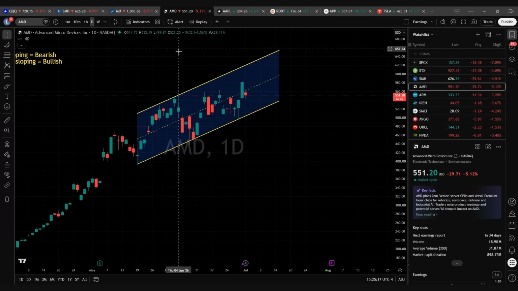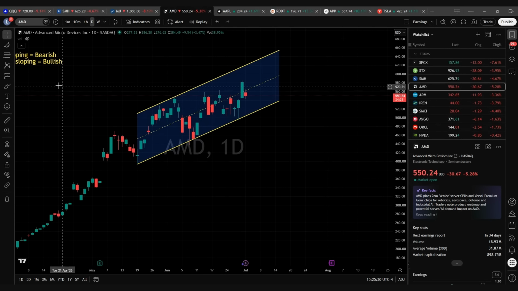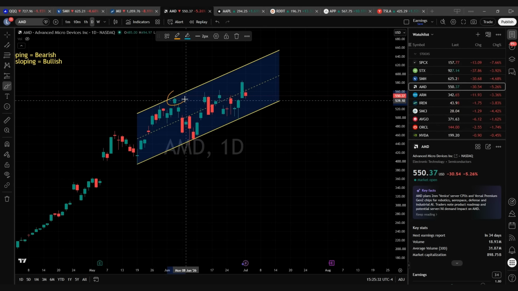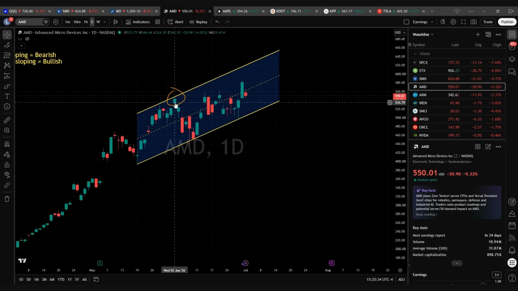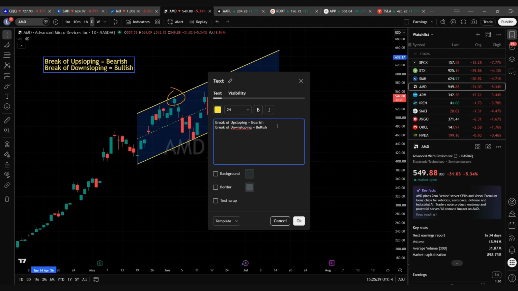What is different about this AMD parallel channel from the other parallel channels? In this case, it's the fact that there's only one point of data on the top side. So another rule that we're going to be adding is we need at least 2 points.